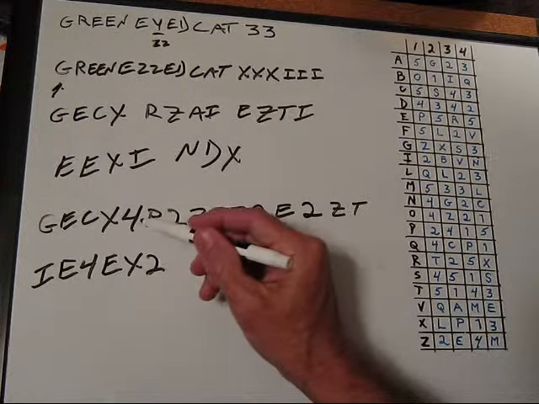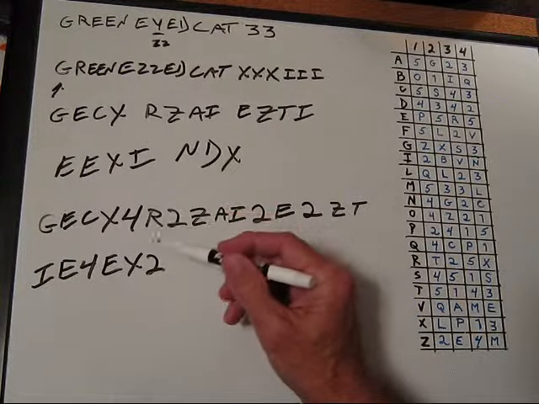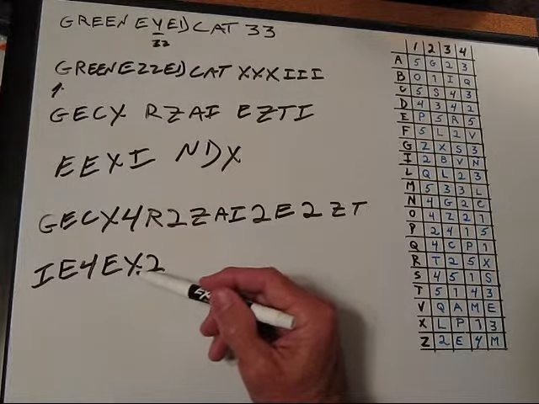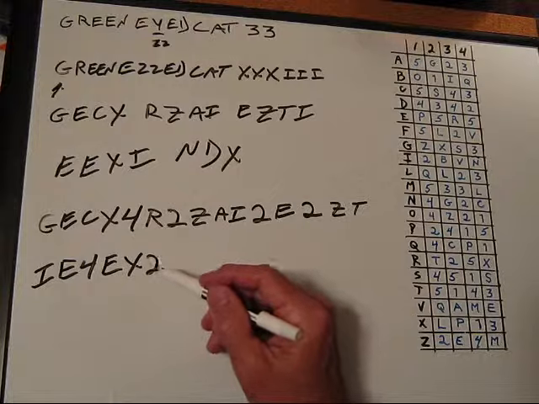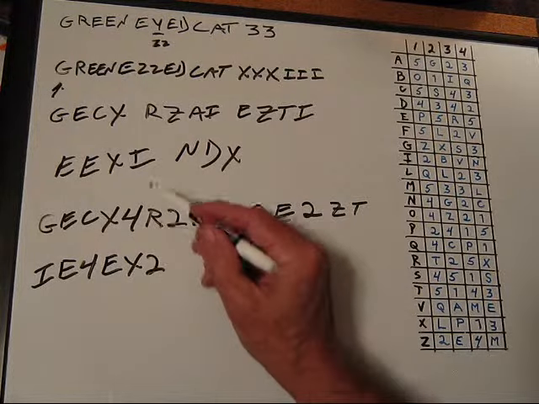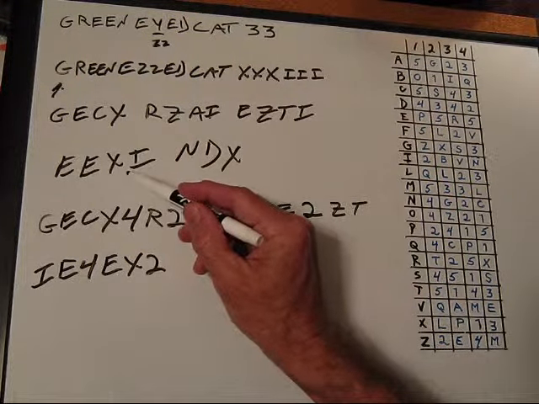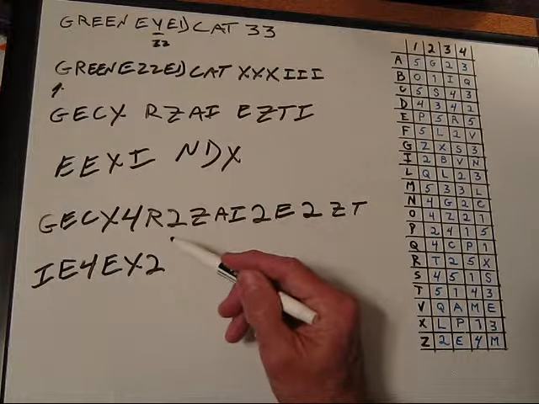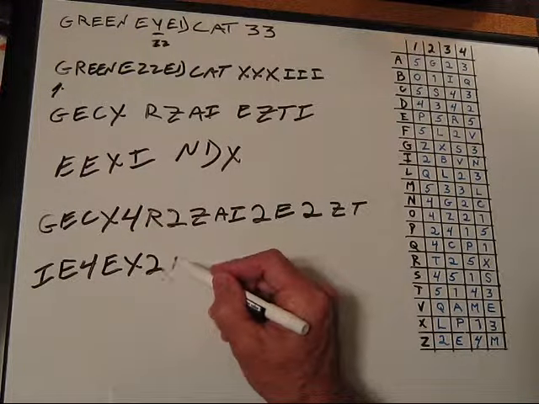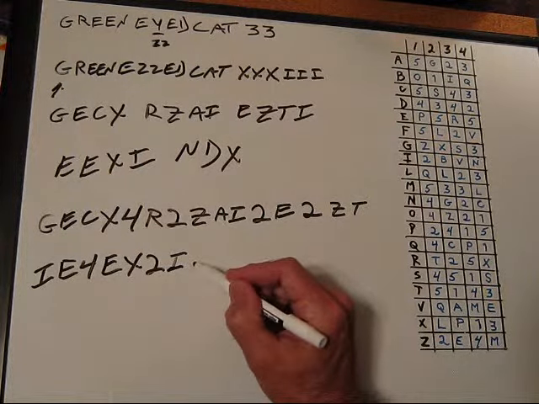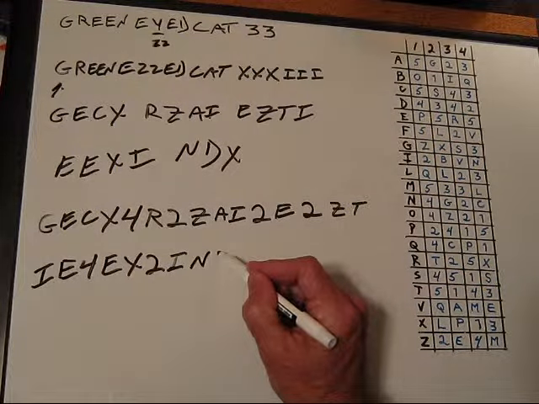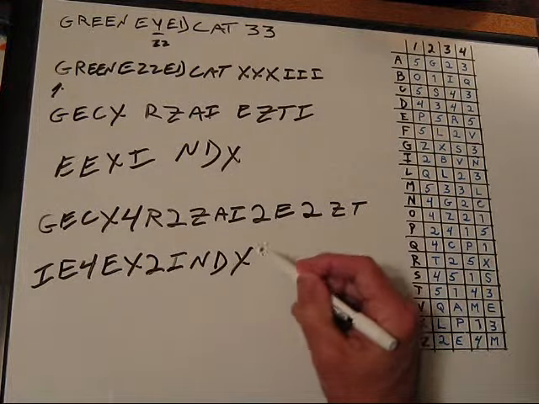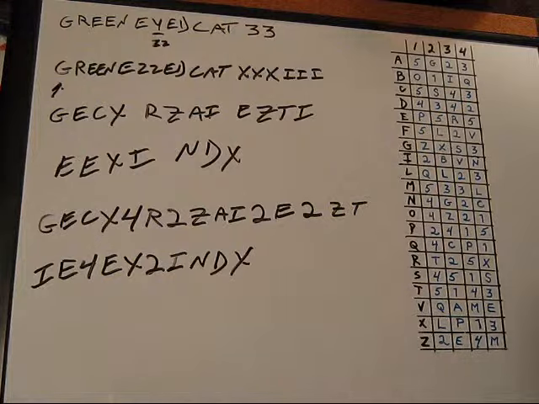So I had a little interruption there, so I have to get back to where we are here. EX. So we won't be putting in that 3 because that's essentially the end of it. So there we have it.